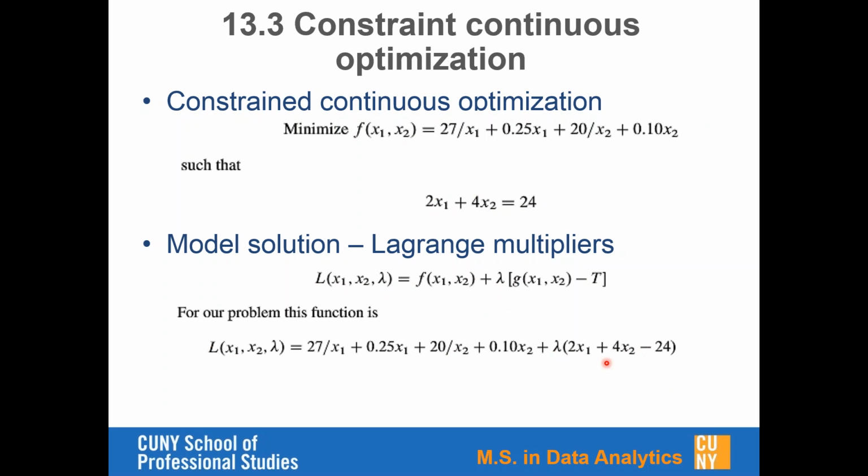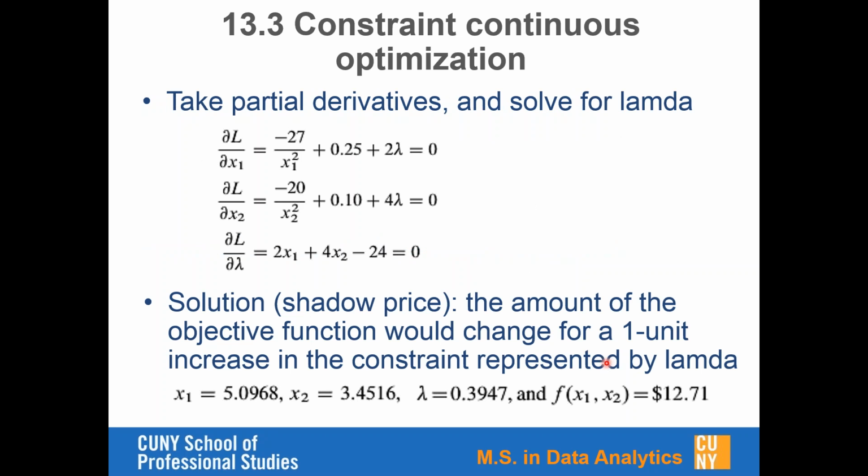And then what's the approach for this Lagrangian multiplier approach? It is similar to what we just mentioned. You take the first order partial derivative with respect to each individual variable, including your lambda, because lambda itself is a variable that we introduced to set up the Lagrangian function.